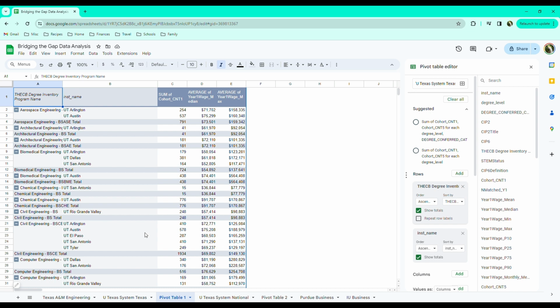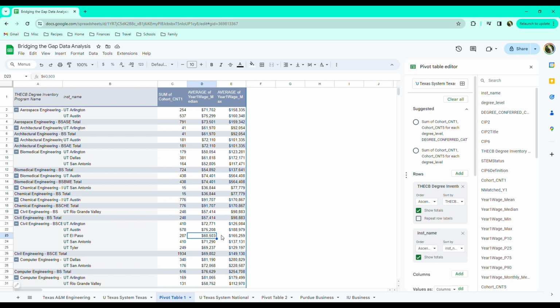So if we're looking just at civil engineering as a quick example, grads from Austin make a median of $75,000 versus the El Paso grads, who are making a median of 60. So just right off the bat, comparing those two different schools, I can expect that I'll make about $15,000 more as a grad from Austin than I would if I stayed in El Paso.